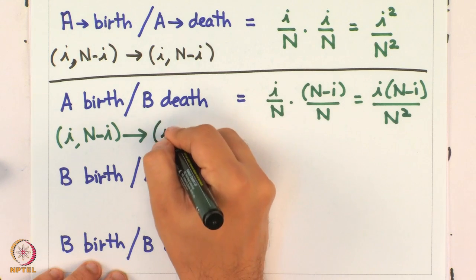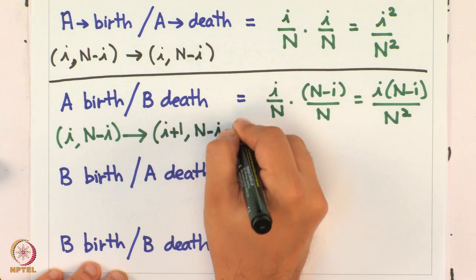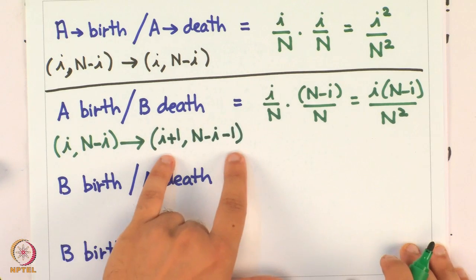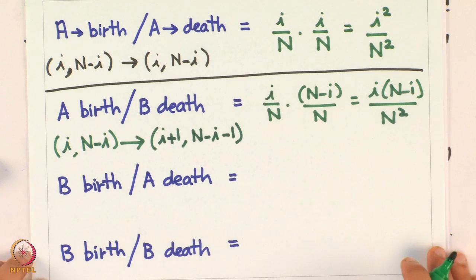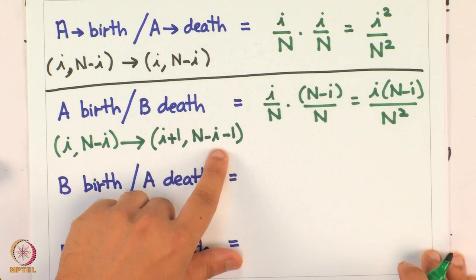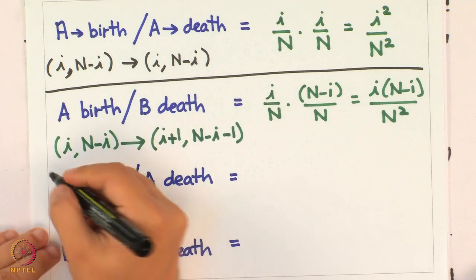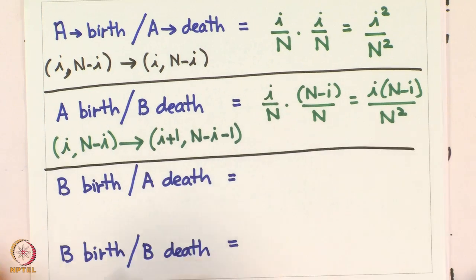What you are moving to is i plus 1 and n minus i minus 1. The total number is ensured to be held constant at n. The number of individuals of genotype A goes up by 1, the number of individuals of genotype B goes down by 1. So, that is that. What about the next one?